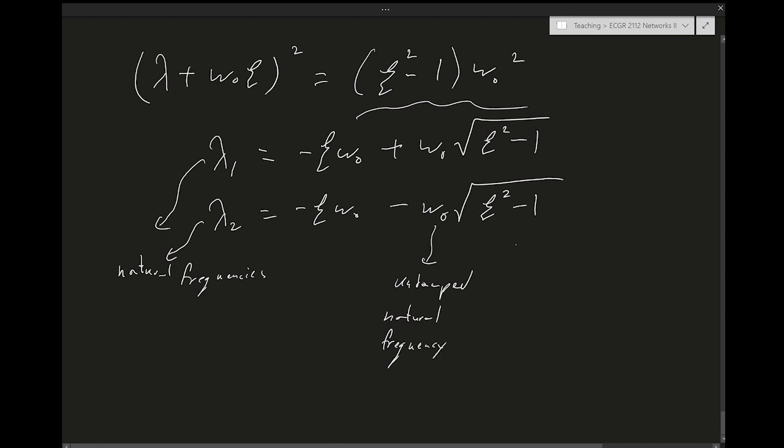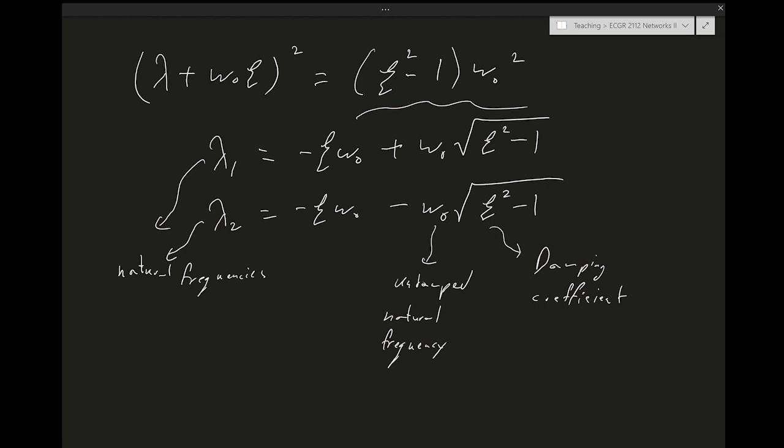And zeta is called the damping ratio or damping coefficient, because it will turn out that this term zeta represents how damped the system is, how far away from being oscillatory the system is. Omega naught tends to give you at what frequency the second order system tends to oscillate, while zeta tends to give you a measure of how damped the system is.